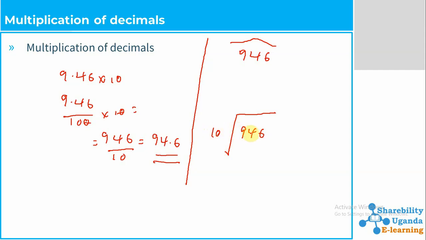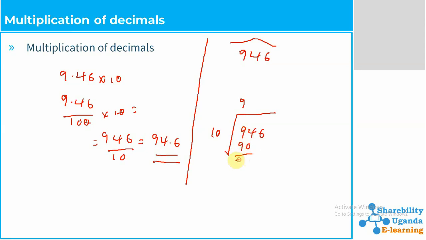We get 94. So when you try out our 9 here, 9 times 10, we get 90. Okay, so we can subtract here.